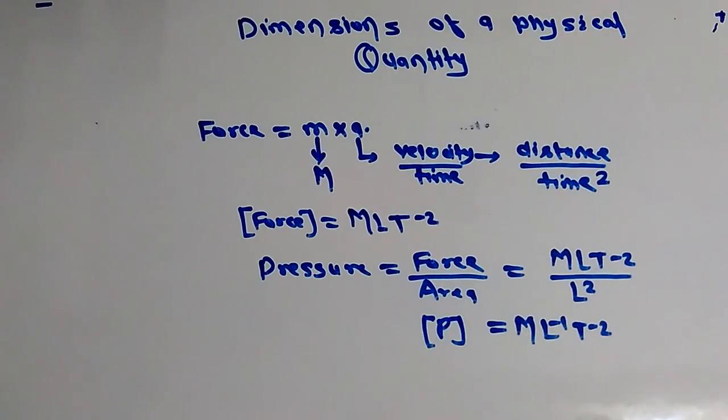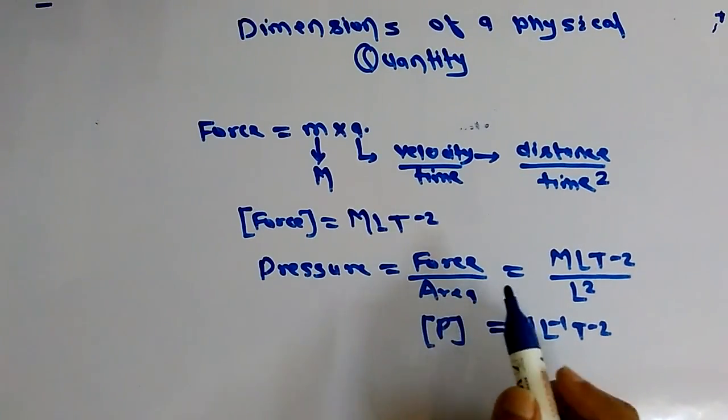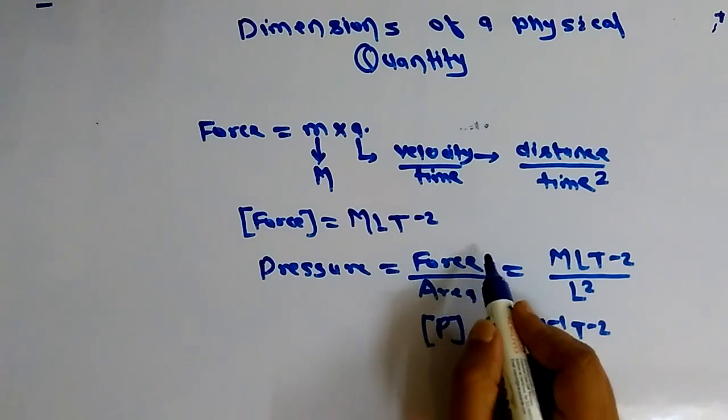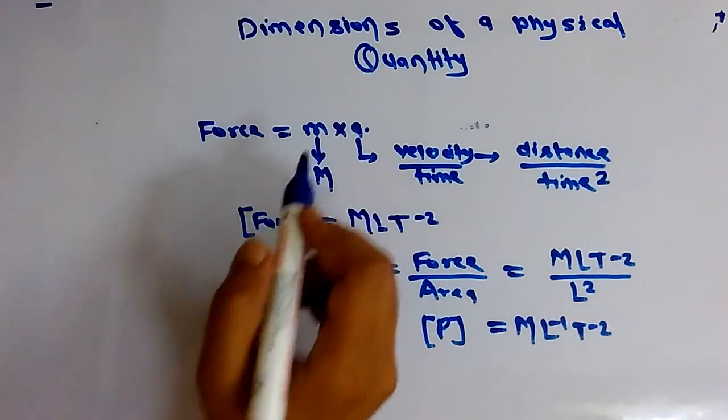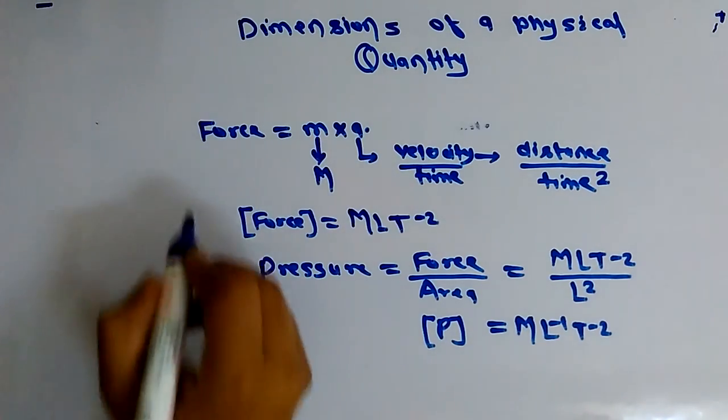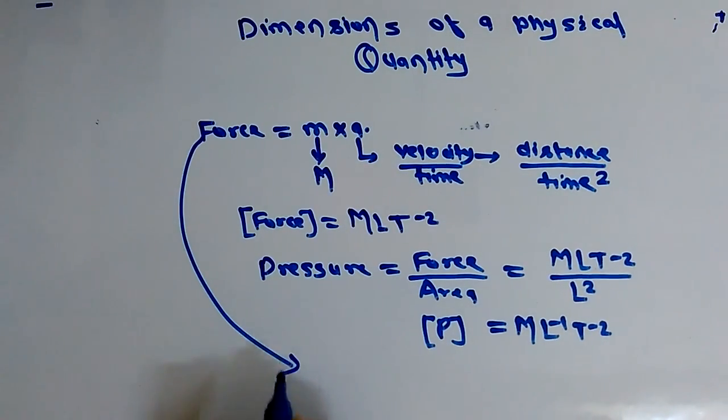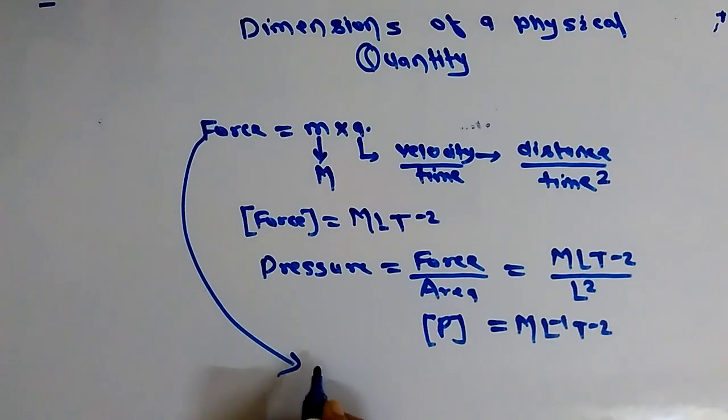In this way, there are a number of physical quantities whose dimensions you can calculate. And when we talk about the unit, the unit of force is, as we have already seen, mass into acceleration.